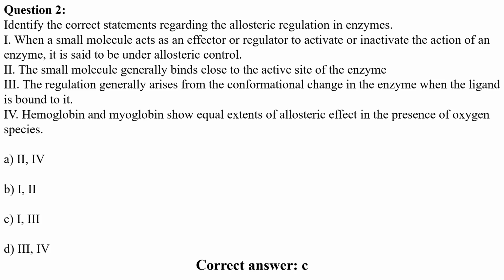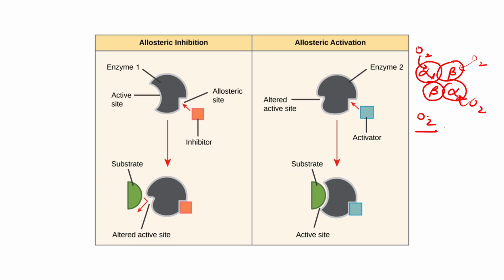Okay, so the first statement, that whenever a small molecule regulates in order to activate or inactivate an enzyme, the enzyme is said to be under allosteric control. That was true. And the third statement, that the regulation arises from the conformational changes. How the conformational change is happening, I've shown to you.